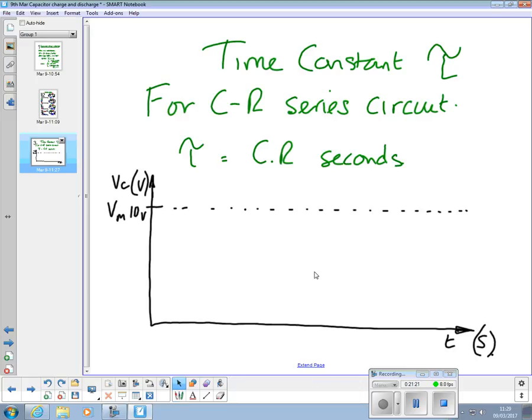Go ahead, divide this up a bit: 1, 2, 3, 4, 5. That's the kind of shape we get for charging.